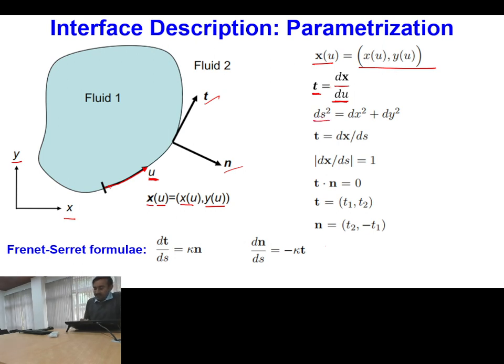And then third important point is, till now what I have done, I have defined this u to be some parameter which is actually defining the interface. But how can u be parameterized?